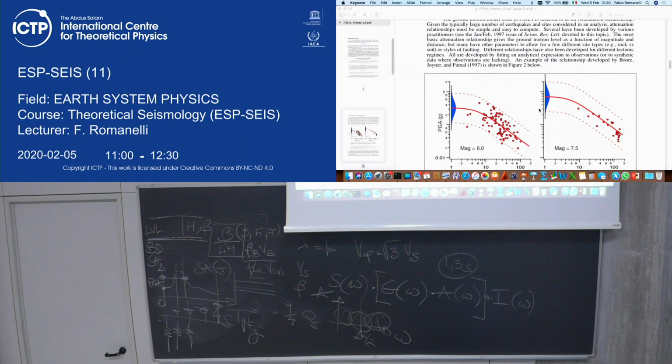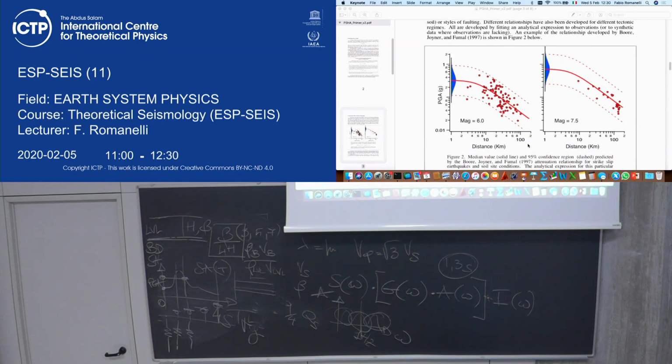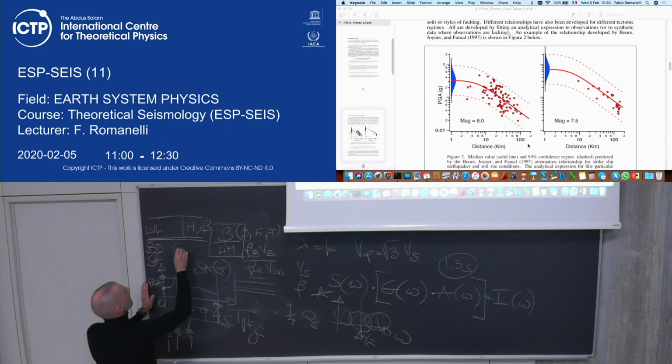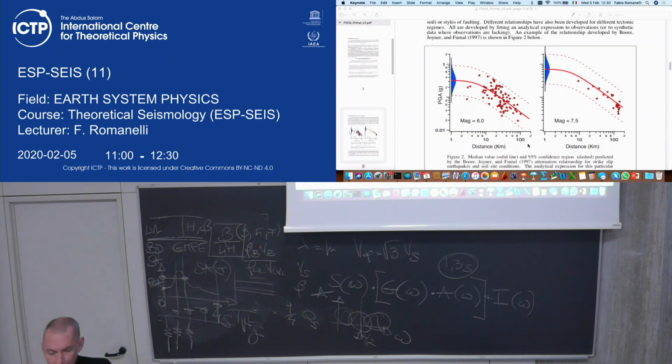Okay. The next step is, given a magnitude, how to estimate the ground motion at a site at a given distance. This is a simple example of a modern GMPE. What I was calling attenuation law is now called GMPE, ground motion prediction equation.